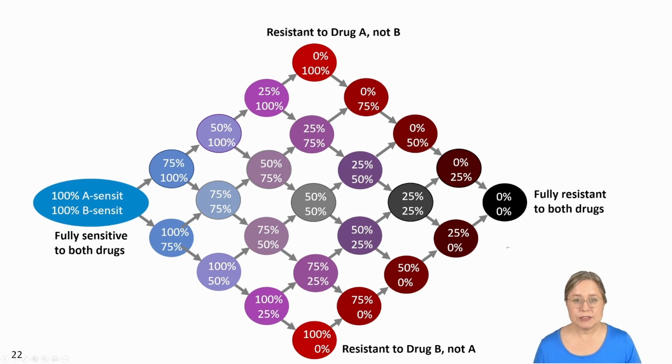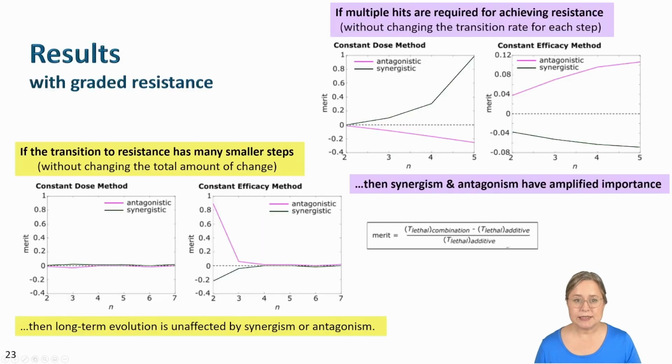And if we feed this into a simulation of evolution, what we see at the top, in purple, is that if you need multiple hits to achieve single drug resistance, like multiple mutations, that creates more obstacles to full resistance. And as we increase the number of obstacles, we get larger differences in outcome between additive or synergistic combination therapies.